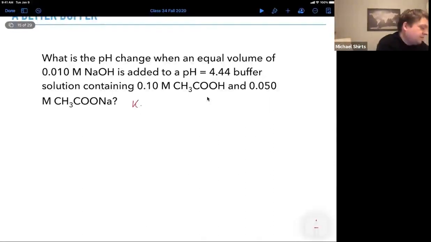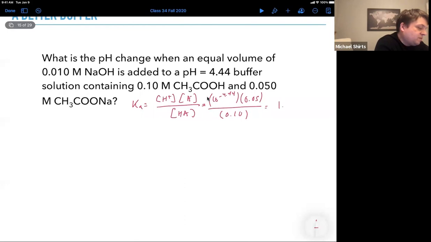Ka equals H+ times A- over HA. Well, that's just going to be equal to 10^-4.44 times 0.05 over 0.10. And so that equals 1.8 times 10^-5, which is not surprising if you remember that Ka from other places.